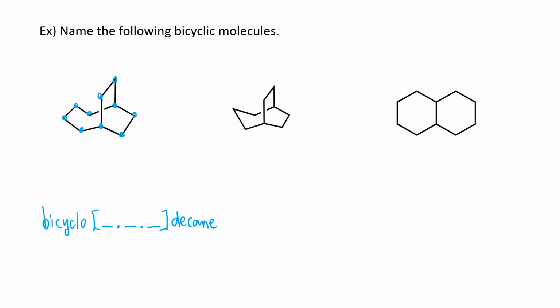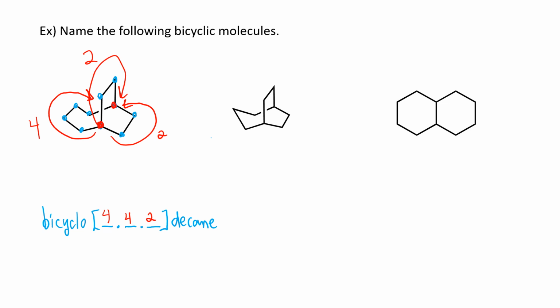Now remember we have to count the number of carbons in the path. I have a path going around to the right with 2. I have a path going around to the left that has 4, and a path going up and over. Remember, I'm counting the carbons connecting the bridgeheads, with 2. So this is a 4, 4, 2 system, and we would call this bicyclo[4.4.2]decane.